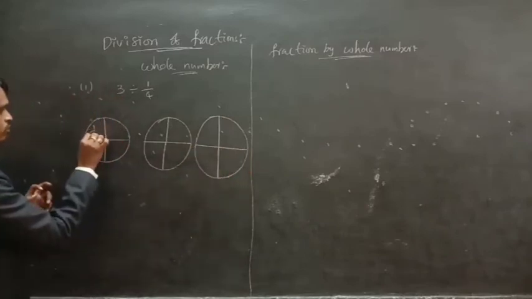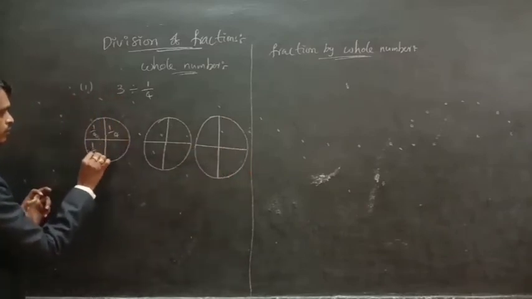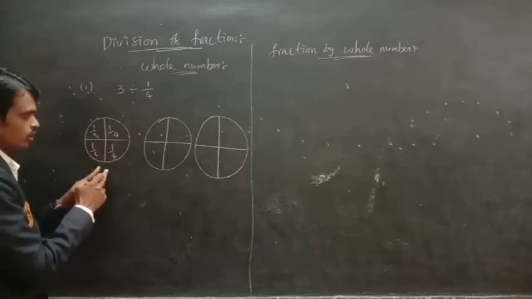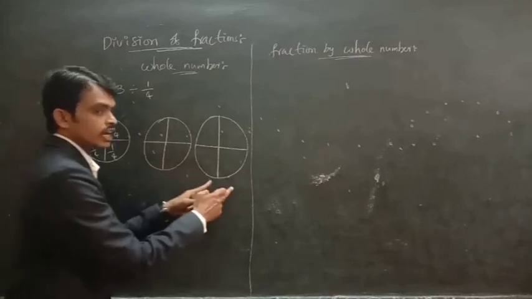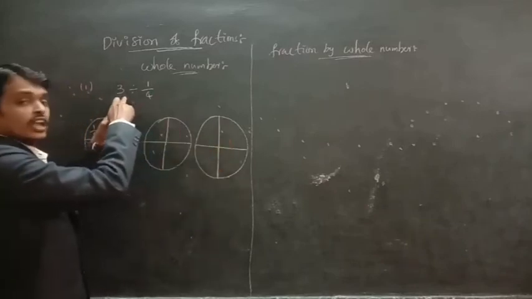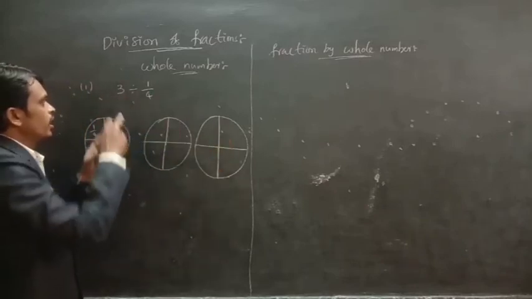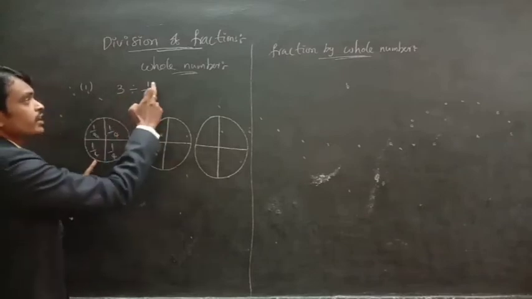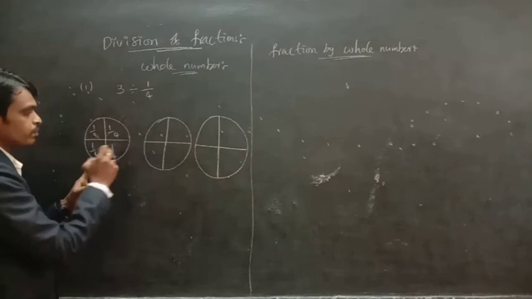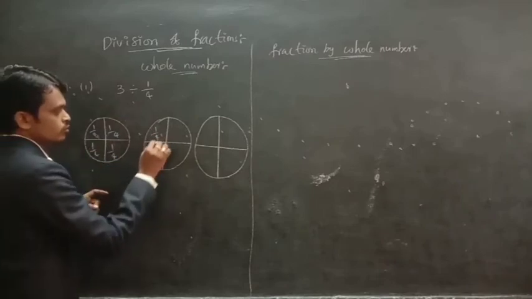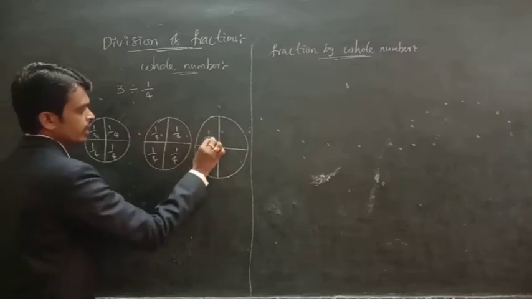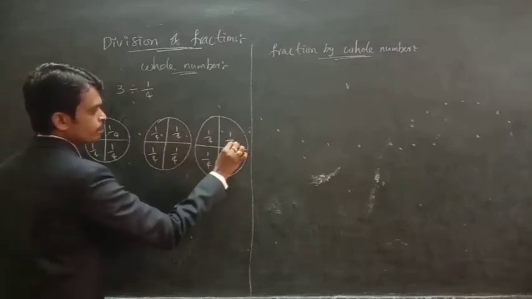So this is 1 by 4, 1 by 4, 1 by 4, 1 by 4. Like this, this is 1 whole, this is the second whole, this is the third whole. Total 3 whole parts. In each whole part I divided into 1 by 4 equal parts. Like this I divided each whole part.